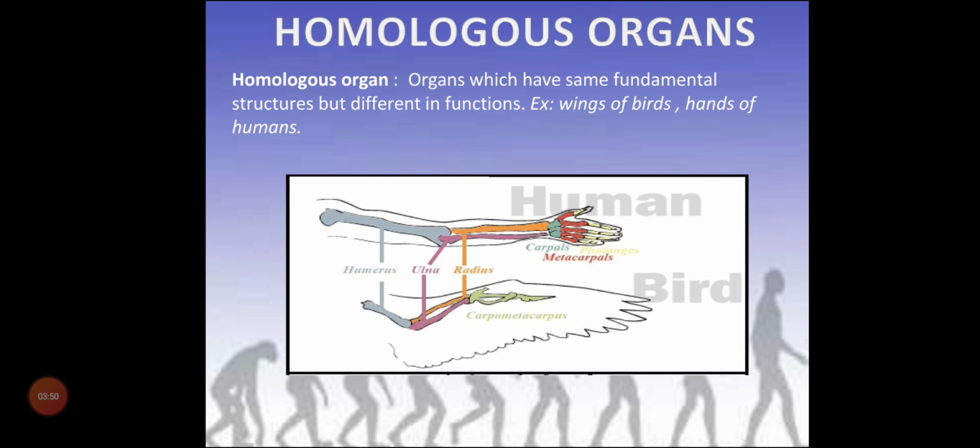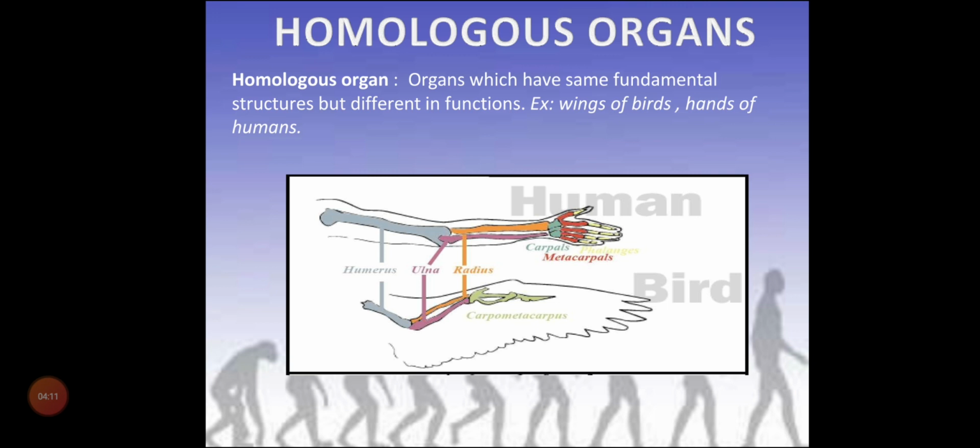Let's see the example. For example, consider the forelimb of a frog or a lizard, a bird and a human being, which show similarity in basic structure.